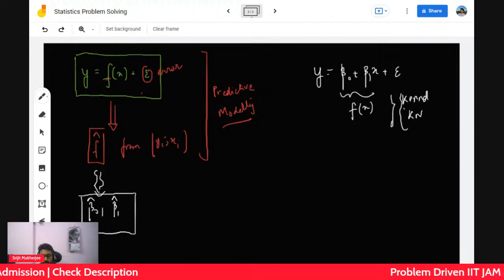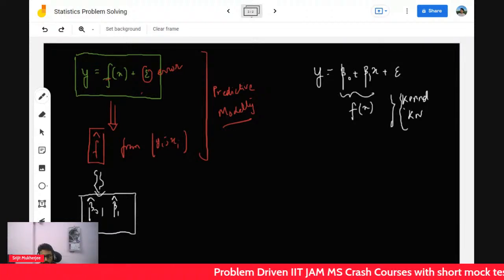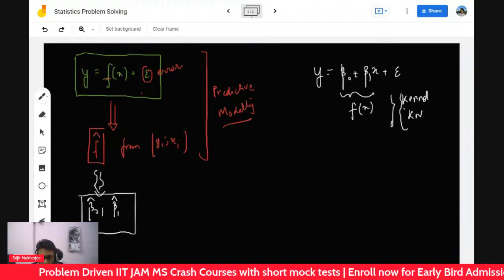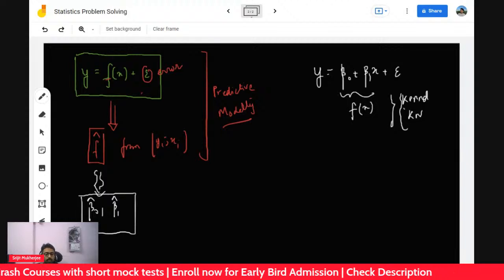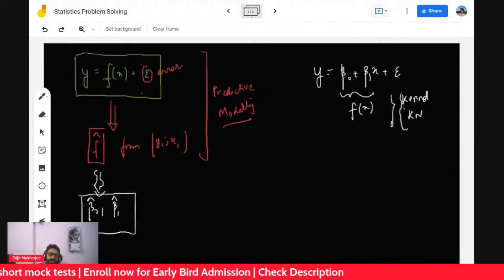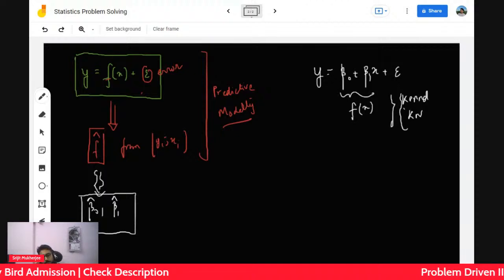Okay, fine. So in linear regression, we are actually finding f hat, but since the functional form is known, we are trying to find out beta naught hat and beta 1 hat.